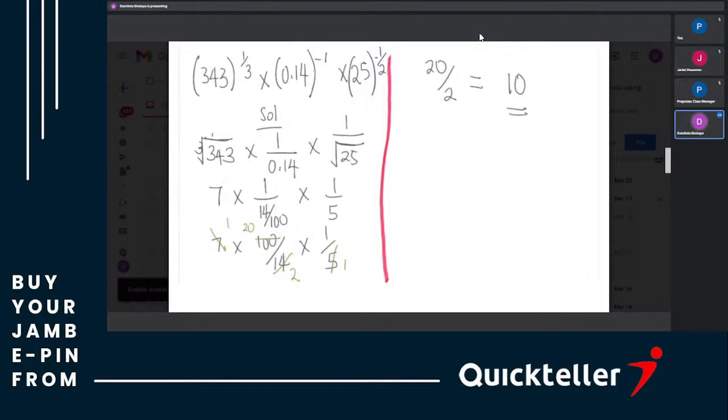So what I suggest is you should memorize it. 3 times 3 times 3 is 27, so the cube root of 27 is 3. 4 times 4 times 4 is 64, so the cube root is 4. 5 times 5 times 5 is 125, so the cube root is 5, and on and on.